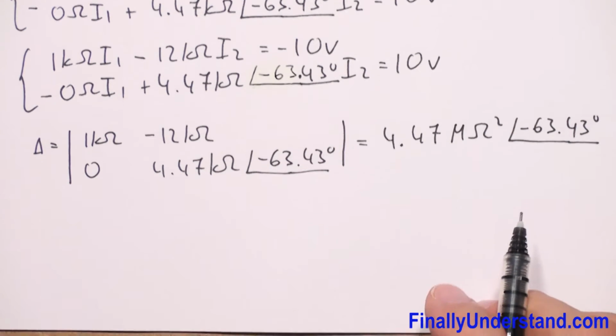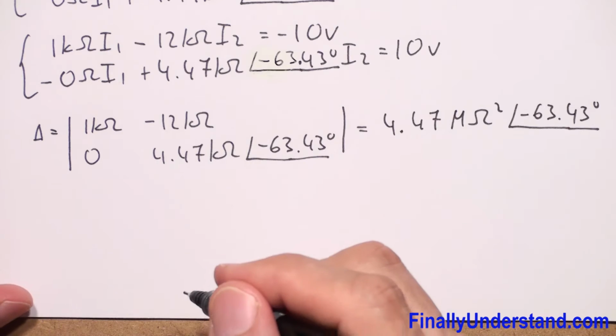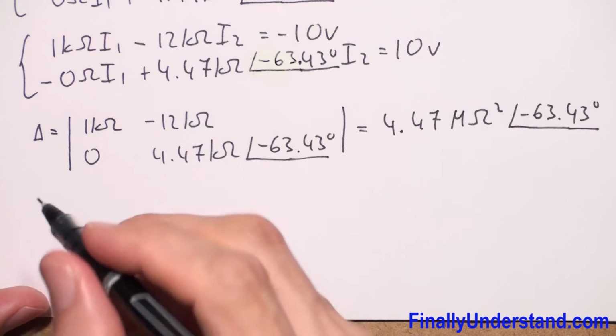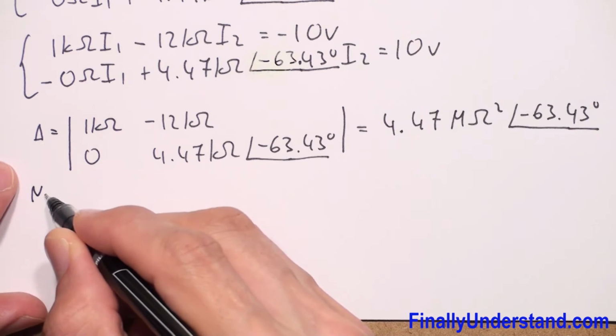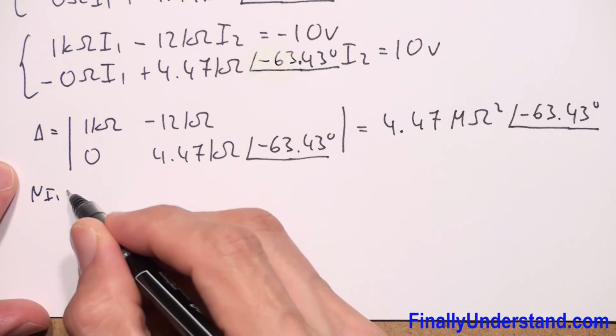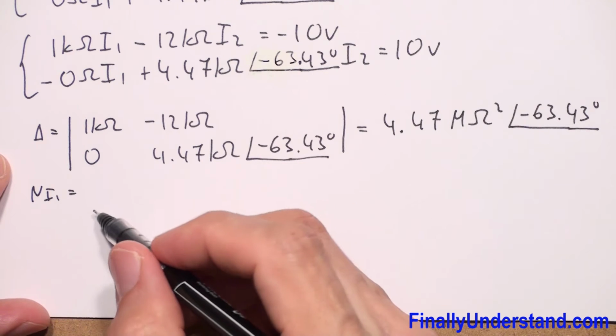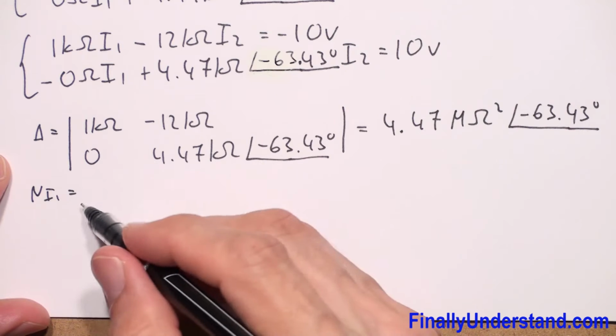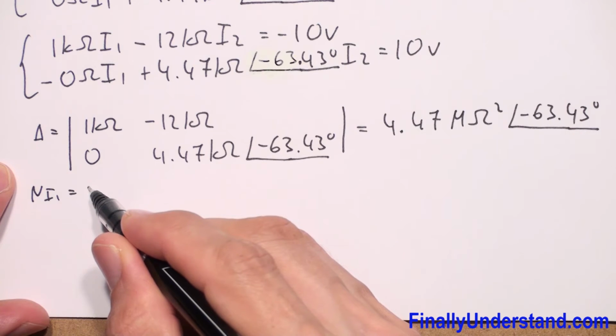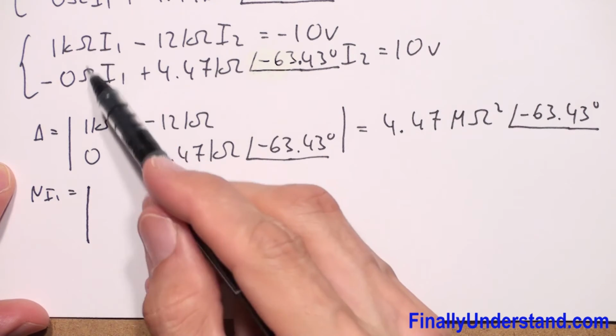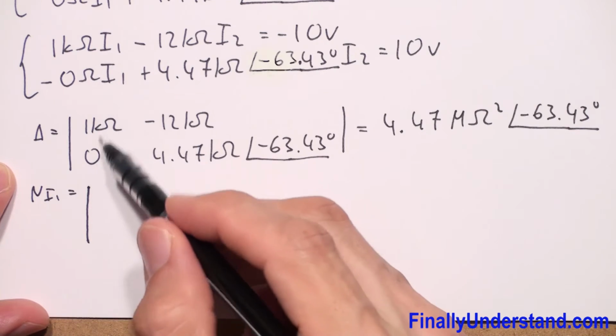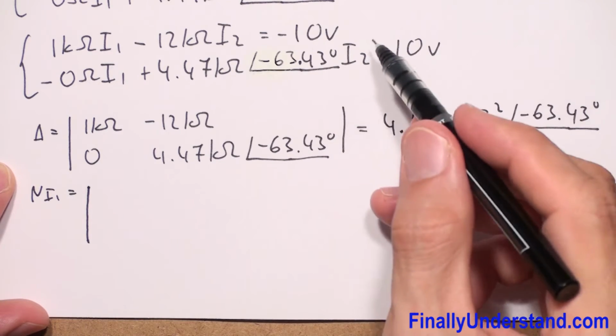Next, I'm supposed to find NI1. This is the number which will help me to find current I1. Okay, so I have to substitute the first column of my delta by the voltages.